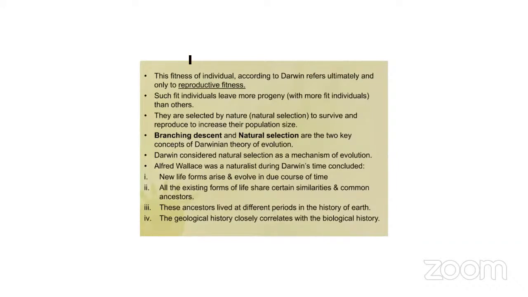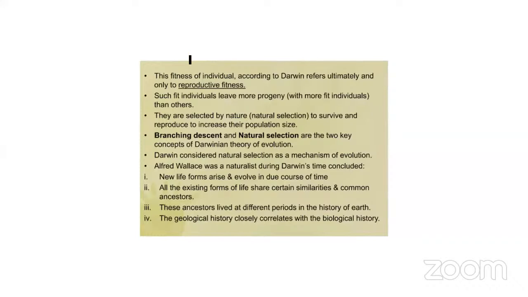Branching descent and natural selection are the two key concepts of Darwin's theory of evolution. Darwin considered natural selection as a mechanism of evolution.